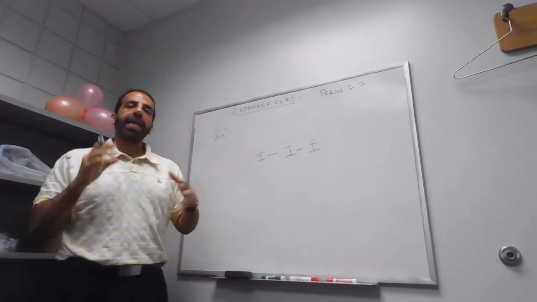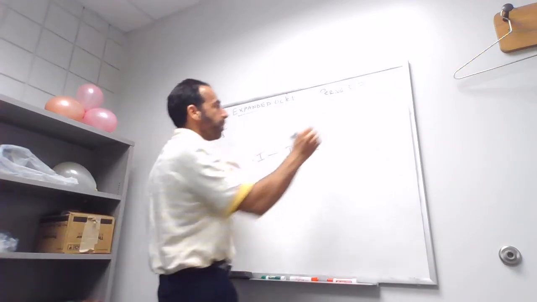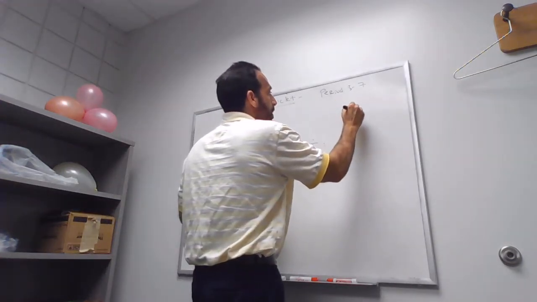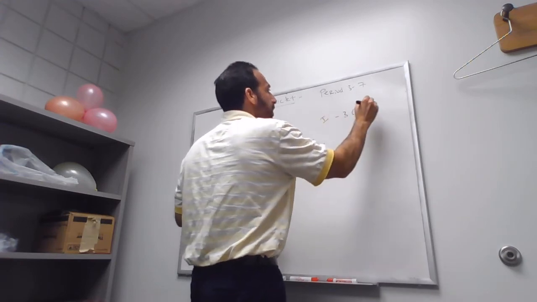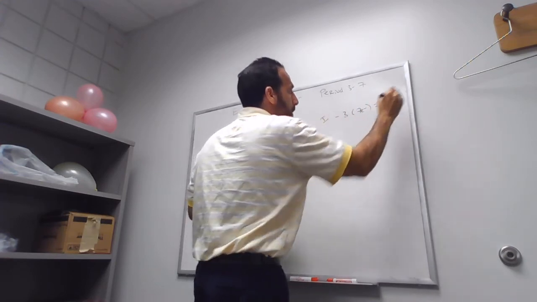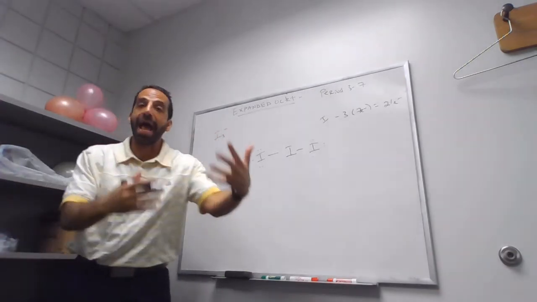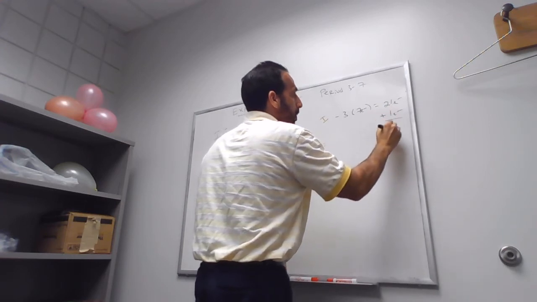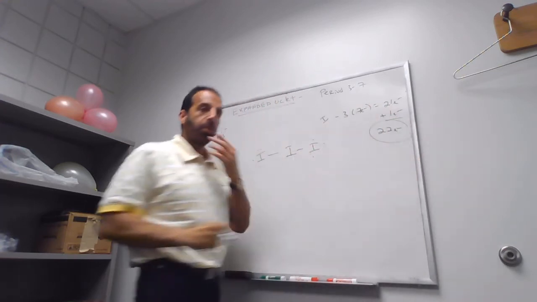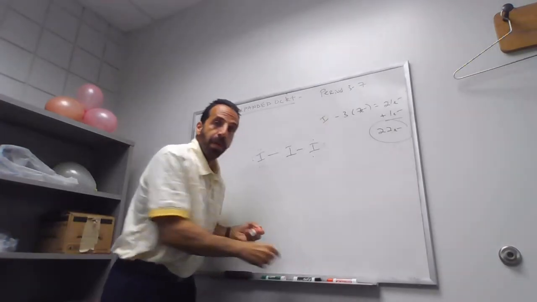Let's go now and count up the number of valence electrons I have. So I have 3 iodines. Each one has 7. So these are iodines. So it's 21 electrons. Plus I have a -1 charge, so I add 1 to it. So plus 1 electron, so it's 22 electrons I have to work with. So let's count up how many I've used up so far.